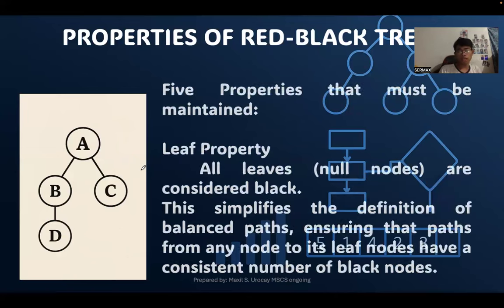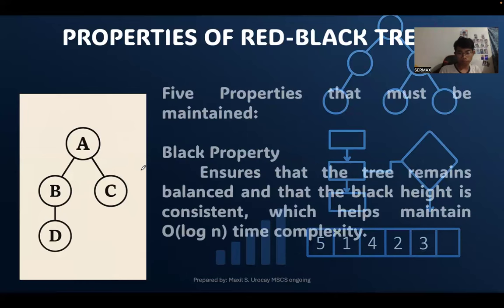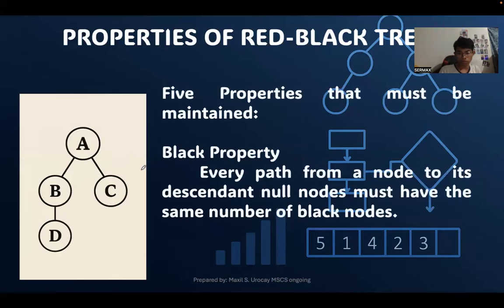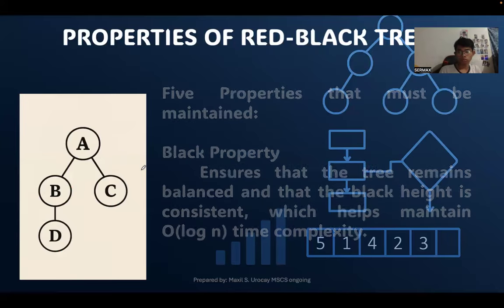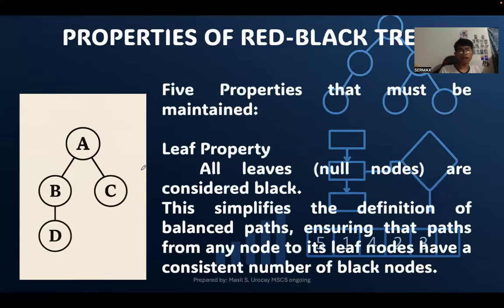Now, the leaf property. All leaves or null nodes are considered black. This simplifies the definition of a balanced path, ensuring that paths from any node to its leaf nodes have a consistent number of black nodes.